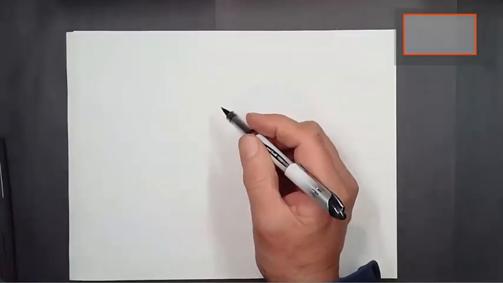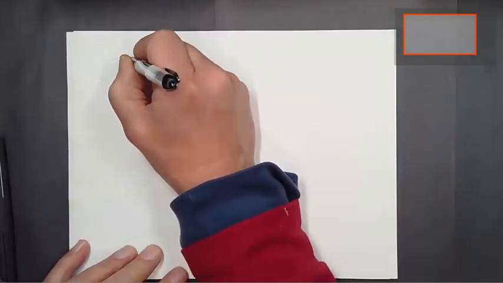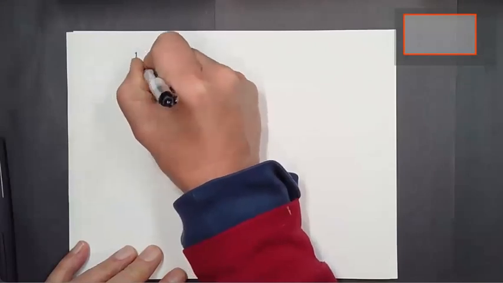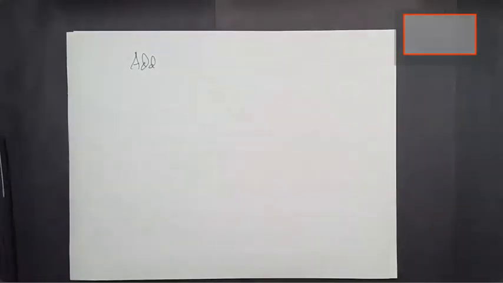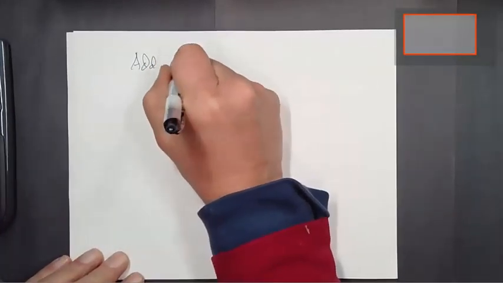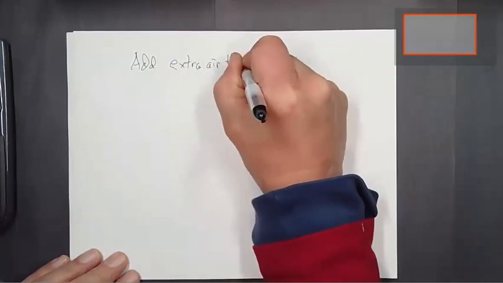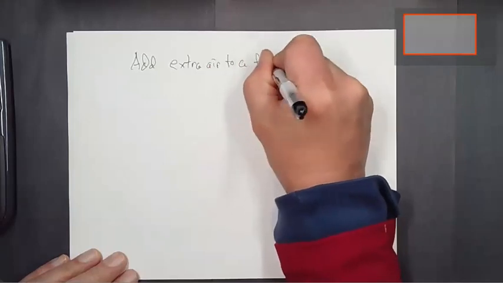Okay, starting chapter 18 today. And the first thing we're going to do in there is just consider a few thought experiments. One of them is to add, we're going to be starting by thinking about gases, and we'll actually sort of develop the ideal gas law as just a thought process, and add extra air to a fixed volume.